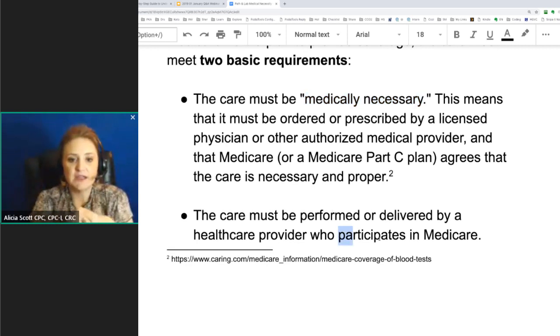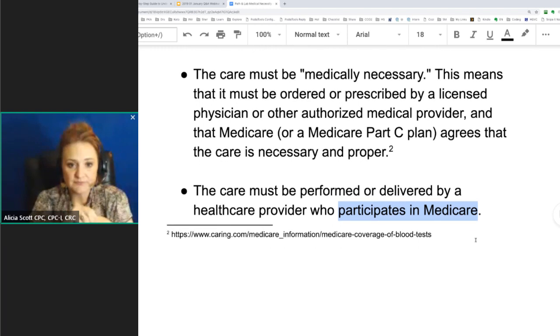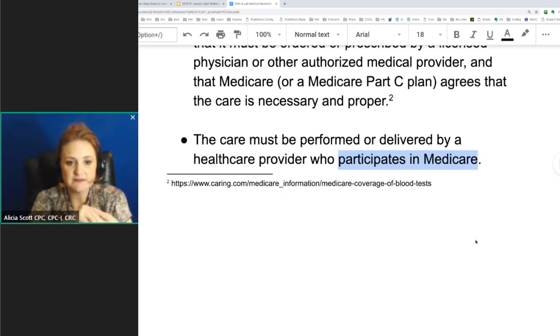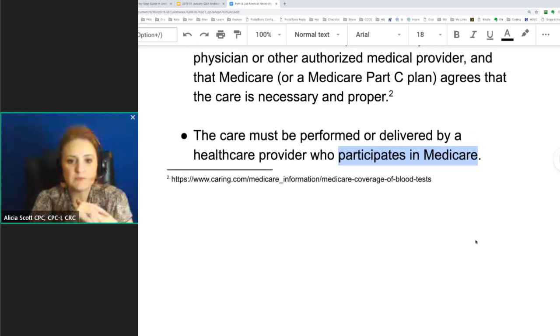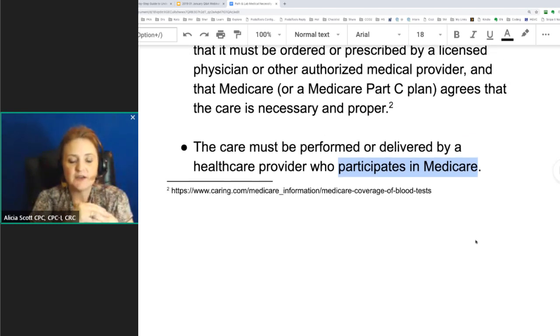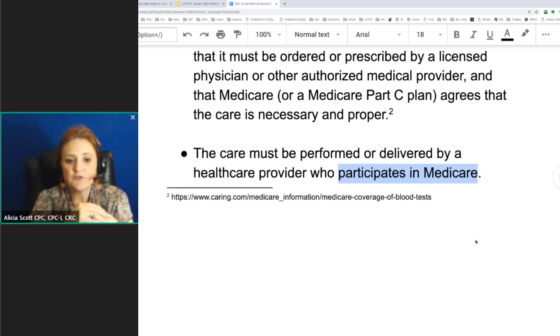Also, it has to be prescribed by a licensed provider. Last, it has to be performed or delivered by a healthcare provider who participates in Medicare. If they don't participate in Medicare, of course they're not going to pay for it. It's going to be thrown out.